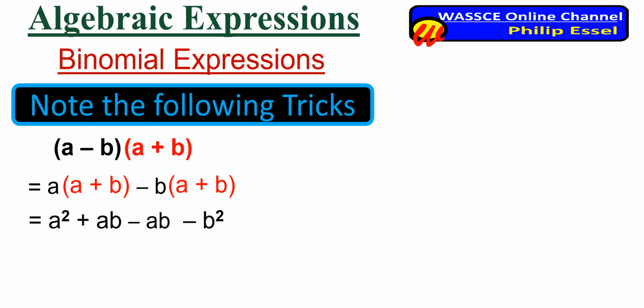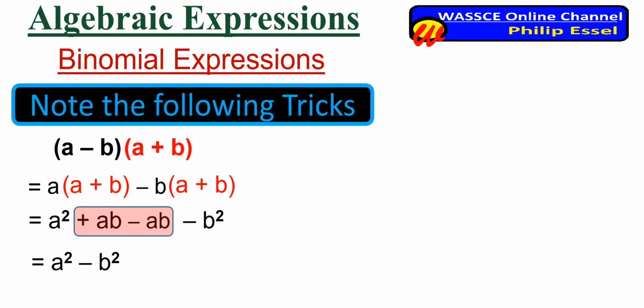The like terms in this expression are positive ab and minus ab. When you solve for this, the minus ab would cancel out the positive ab, and that would give us the final answer, a squared minus b squared.